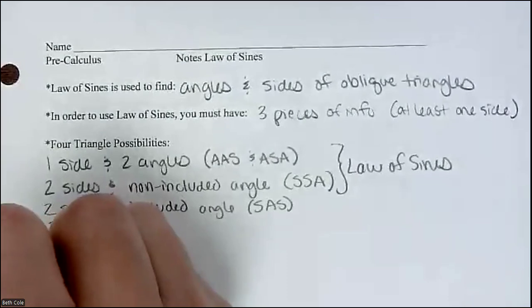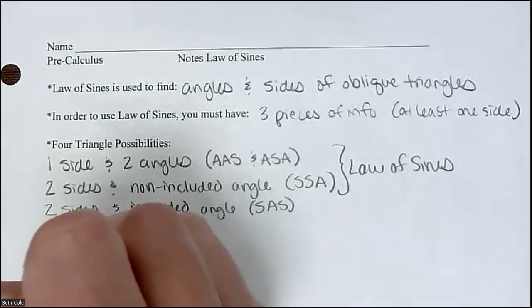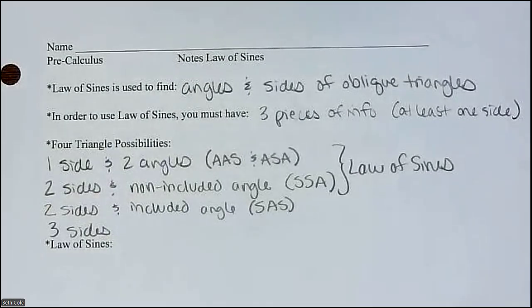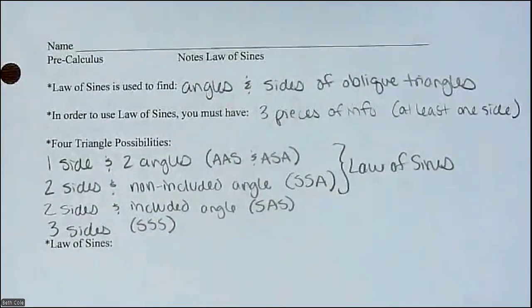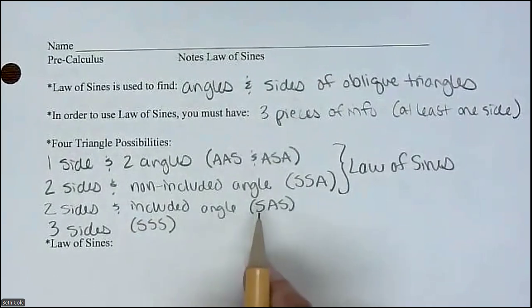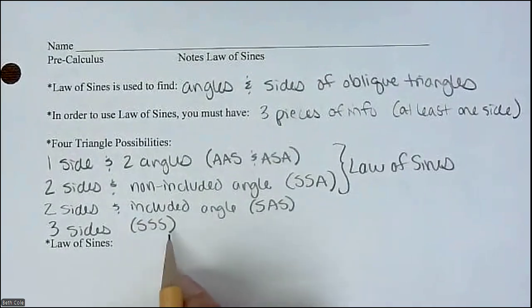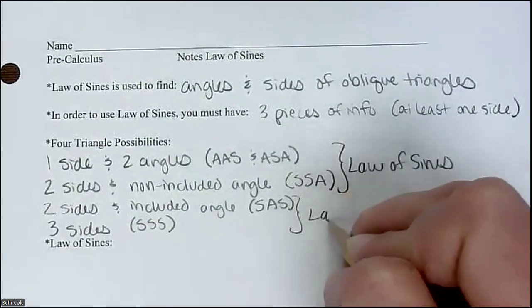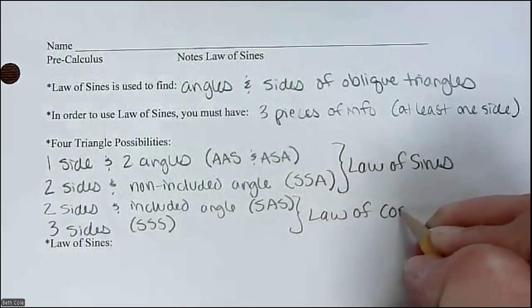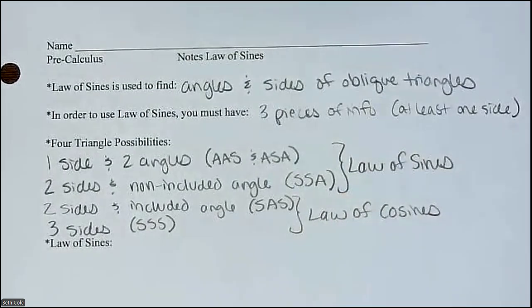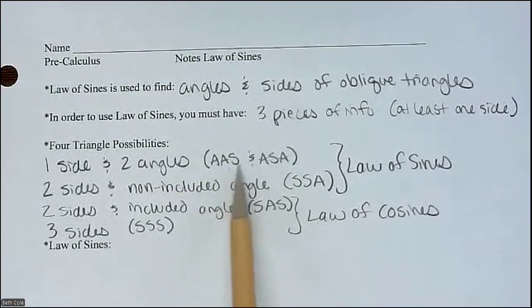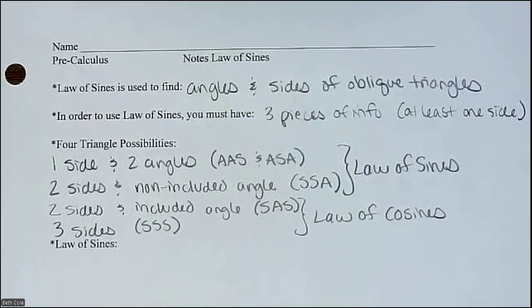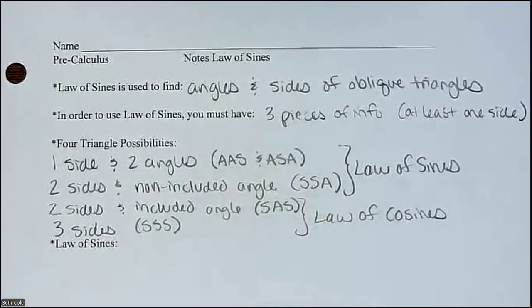And the last option is all 3 sides, SSS, obviously the easiest one to identify. For those 2 patterns, SAS and SSS, you use the law of cosines. All we're going to do today are these first 2 patterns. So again, I just gave you an overview of everything, but we're not going to cover it all today. We're just going to do these first 2.